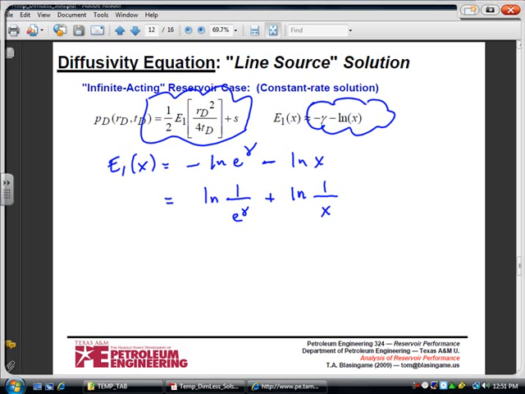Okay, up to here, I'm using the mathematical properties of the natural logarithm function.